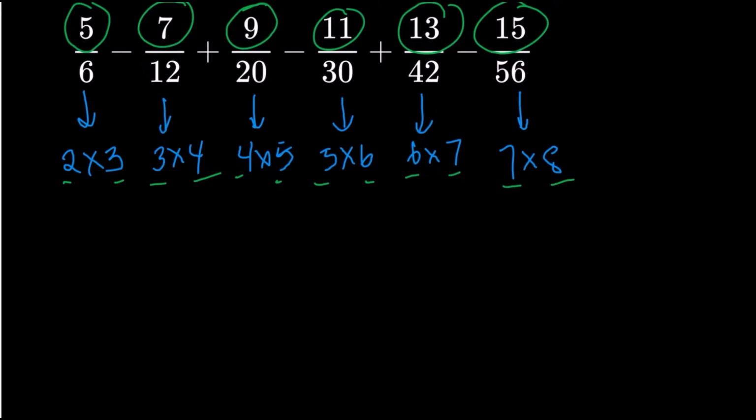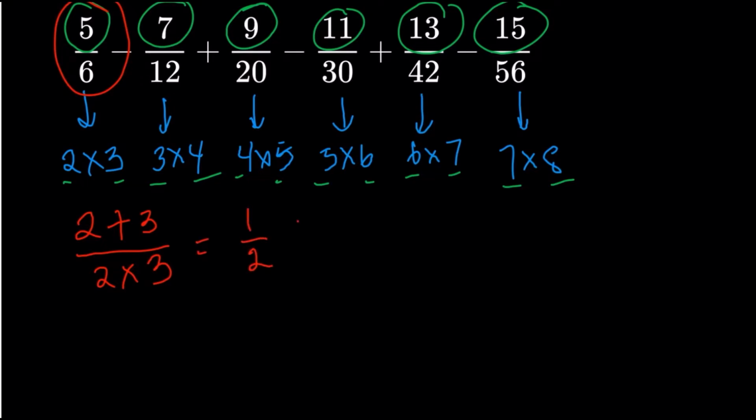So, let's just consider the first term, 5/6 for now. I'm going to write it as 2 plus 3 divided by 2 times 3. With this, I know that I can write it as 1/2 plus 1/3 because if I were to reverse the process from 1/2 plus 1/3, essentially I can do 2 plus 3 and then divide it by 2 times 3.